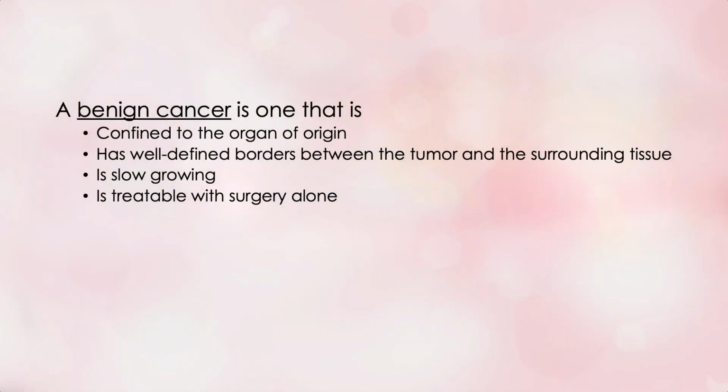The words benign and malignant fall into this category of staging too, and they take into account some of the cancer personality traits I taught you about in the last video. A benign cancer is one that is confined to the organ of origin, has well-defined borders between the tumor and the surrounding tissue, is slow growing, and is treatable with surgery alone.